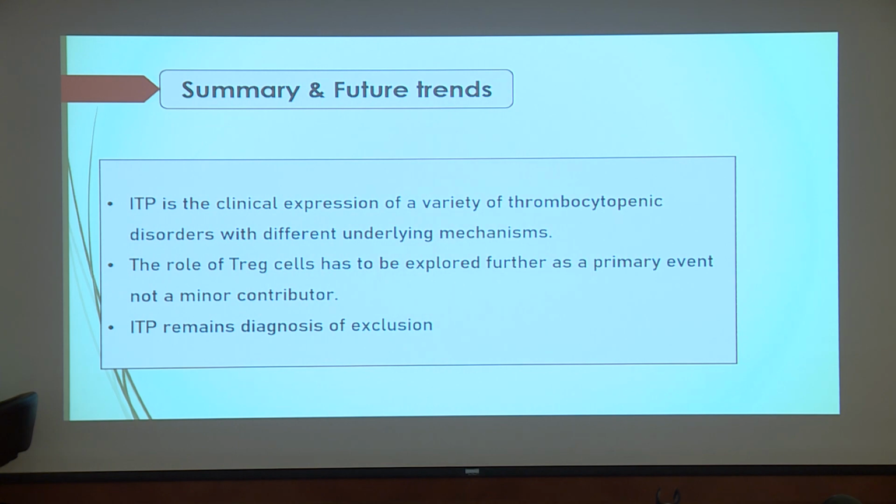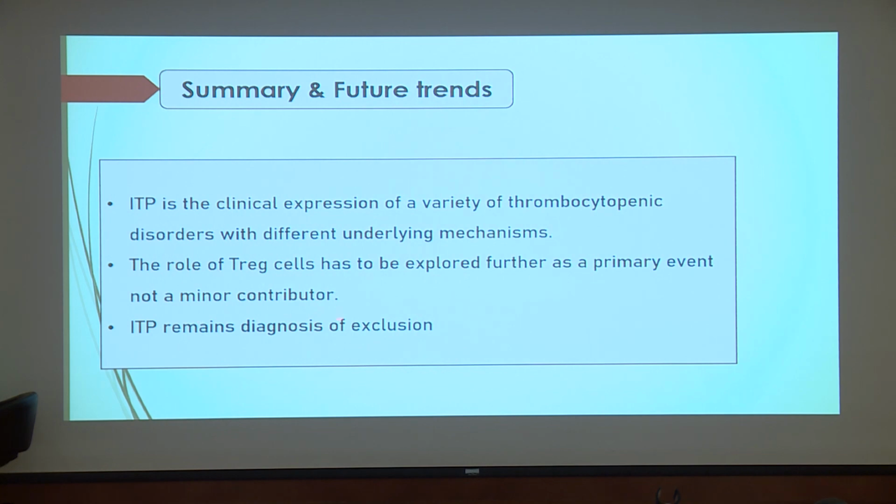Now, just to conclude, I hope that I did not exceed the time. ITP is the clinical expression of a variety of thrombocytopenic disorders with different underlying mechanisms. So it is ITP syndrome, better than ITP as isolated thrombocytopenia, when you come to the pathogenesis level. The role of Treg cells has to be explored further as a primary event, not a minor contributor.